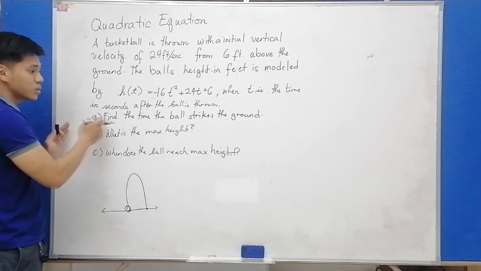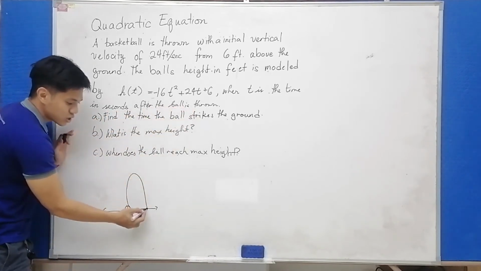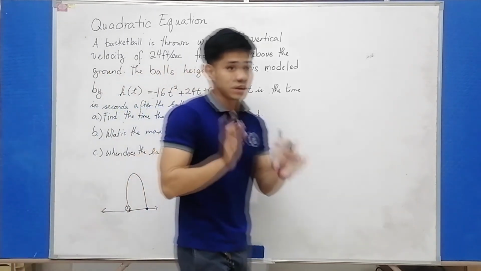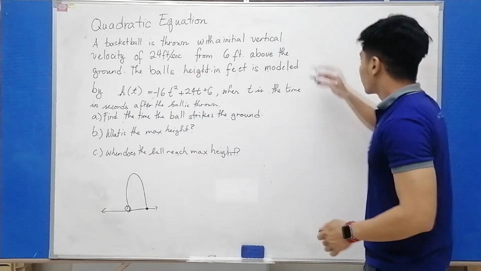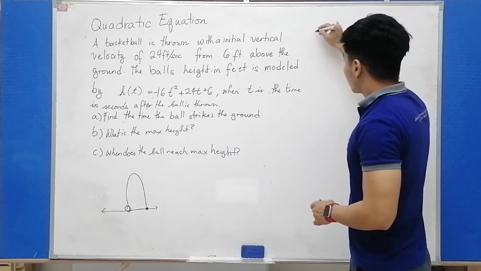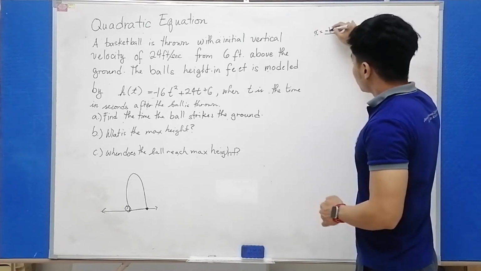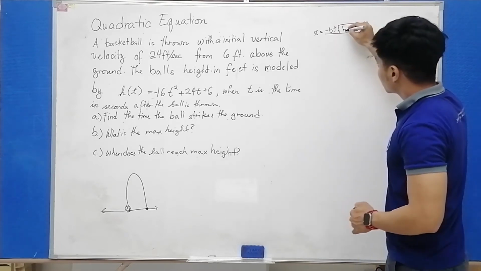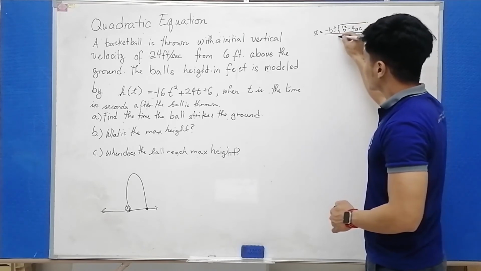So to find the time the ball strikes the ground is actually to find the other root. So we just have to solve for the roots of this equation. If you remember the quadratic formula, x is equal to negative b plus or minus the square root of b squared minus 4ac, all over 2a.